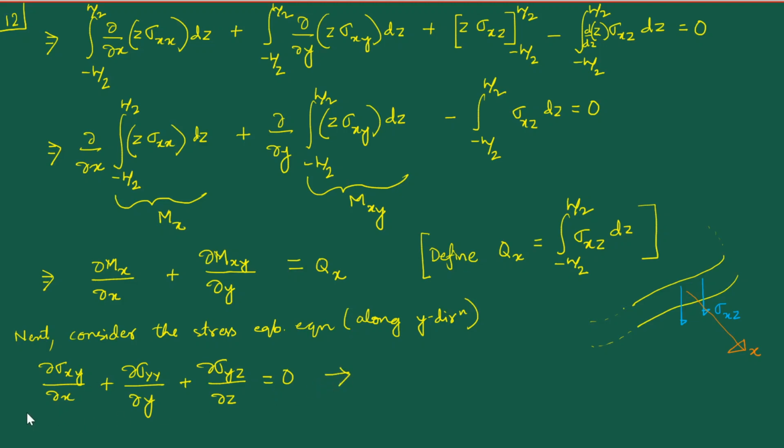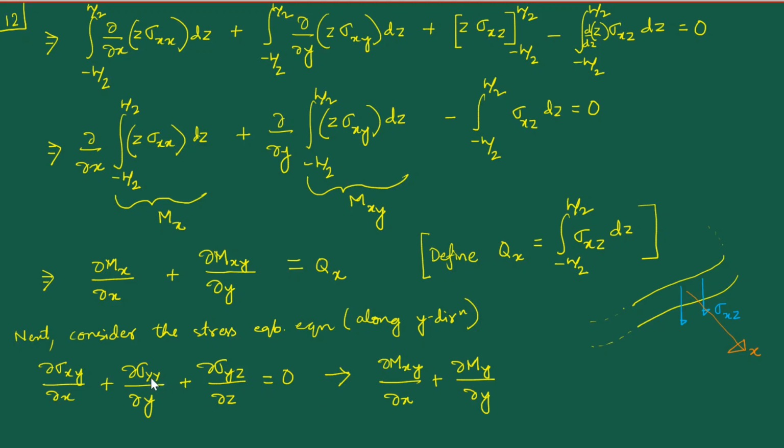And if we carry out the exact same kind of steps that we have just done for the stress equilibrium equation along the x direction, that is multiplying throughout by z, then integrating, then what we are going to obtain is del mxy del x plus del my del y.